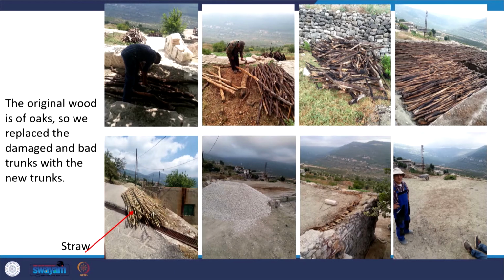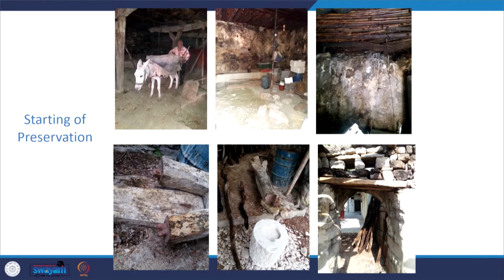So they brought newer trunks, and they got the straw. So what they did was, they first replaced this with the newer trunks, and over that they put this straw, and then they have this gravel, and they have this sand. So that is how the thick layer has been made. So the roof has been redone again without disturbing the structure.